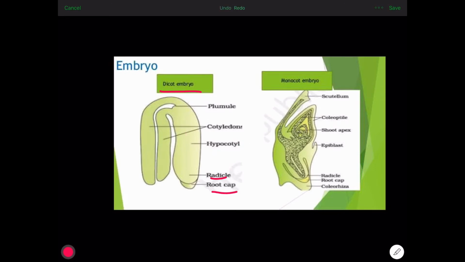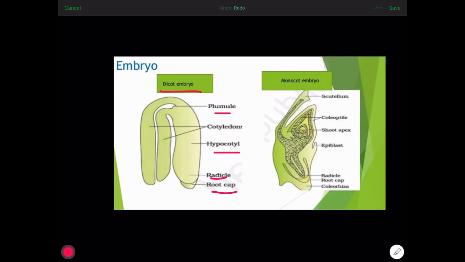Embryo axis has plumule at its tip and radicle at its lower end, which is covered by root cap. And hypocotyl is part of embryo below the level of cotyledons and at the tip of hypocotyl is present radicle covered by root cap. So this is structure of dicot embryo.